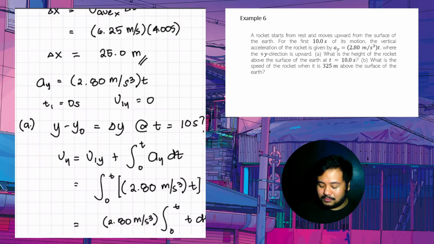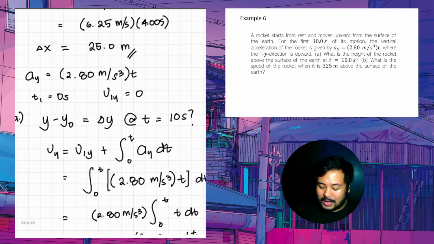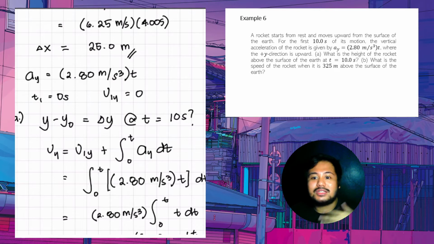For all we know, y minus y0 is just equal to delta y, and we have to find this change in position because this is the height that we have to get. At t equal to 10 seconds, where is our rocket? We could have it as delta y, because delta y is just equal to the height where the rocket should be after 10 seconds.